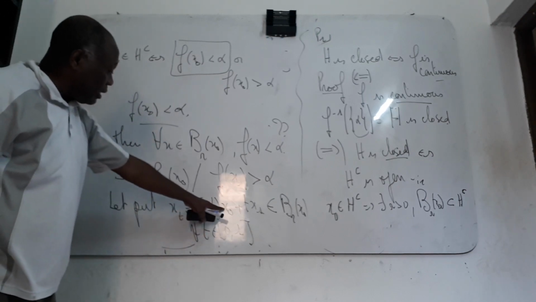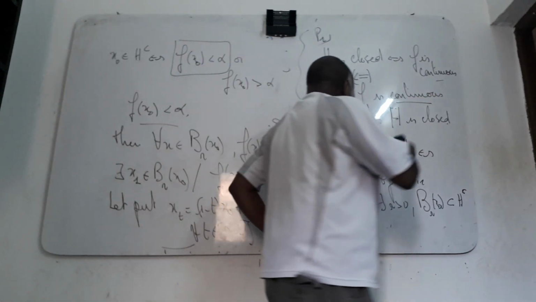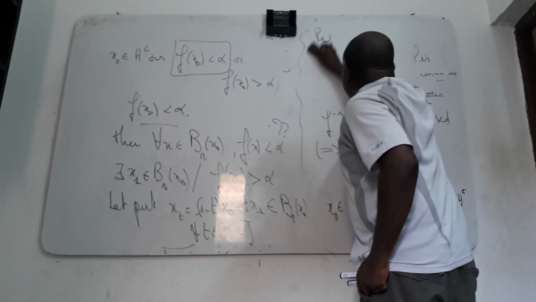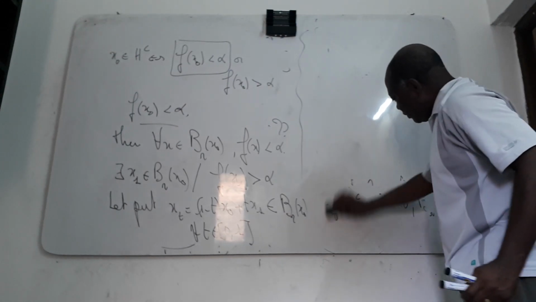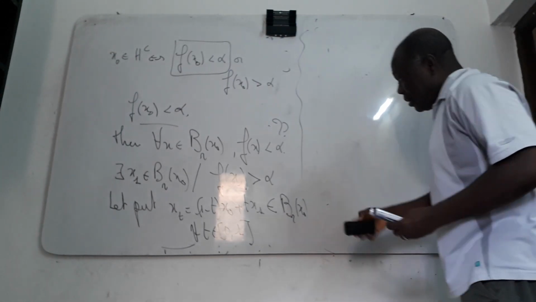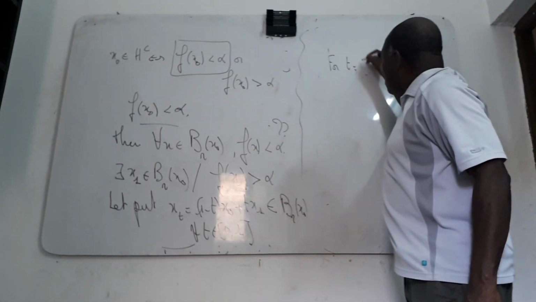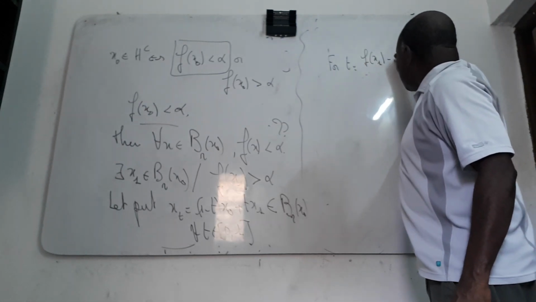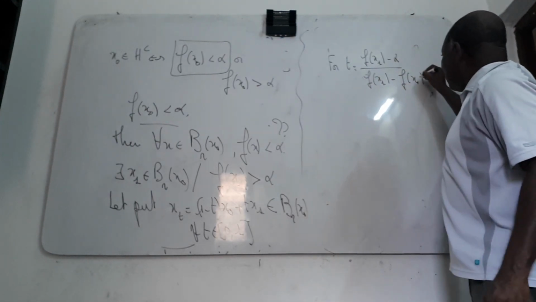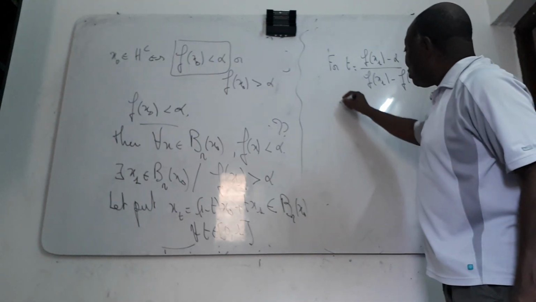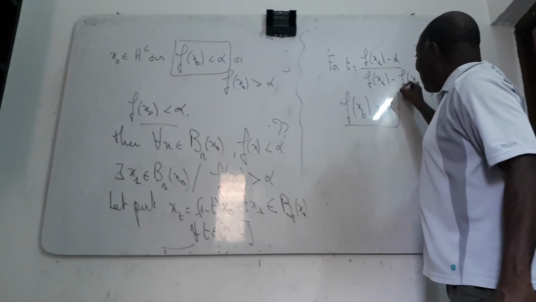But then, if you take t equal to (f of x1 minus alpha) over (f of x1 minus f of x0), and you compute it, you see that f of xt is necessarily equal to alpha. What is the contradiction?